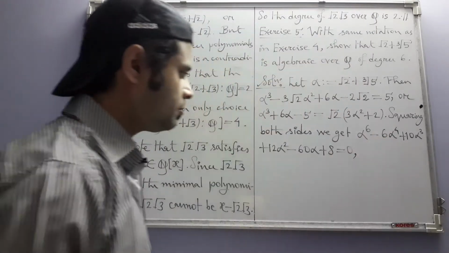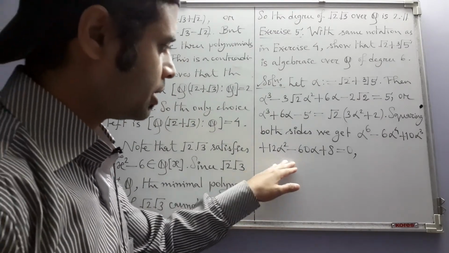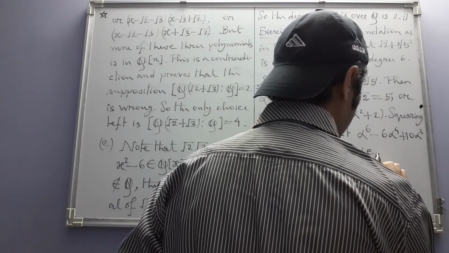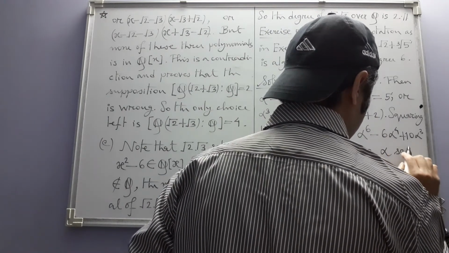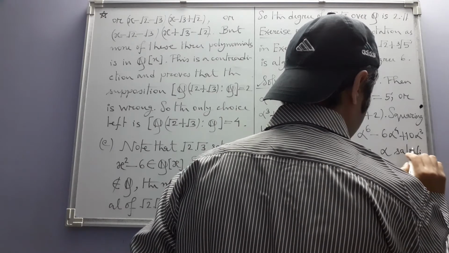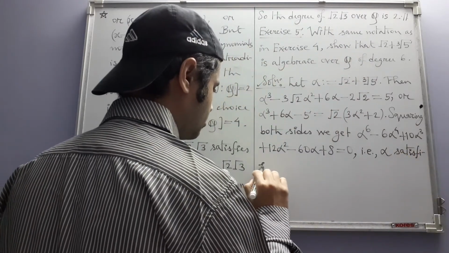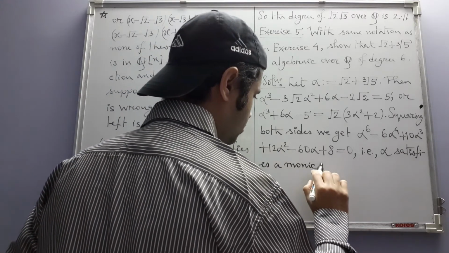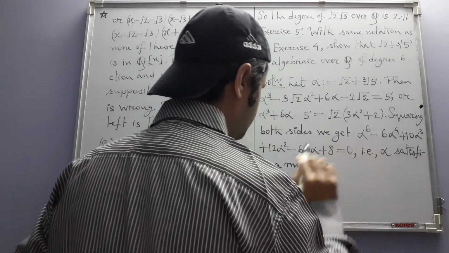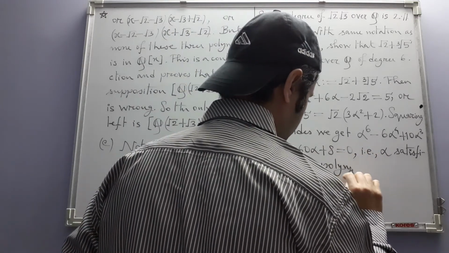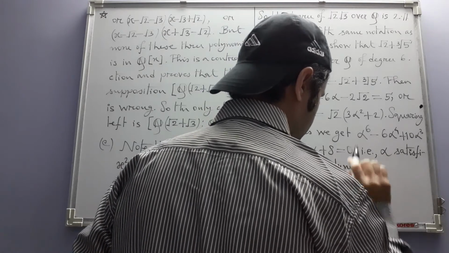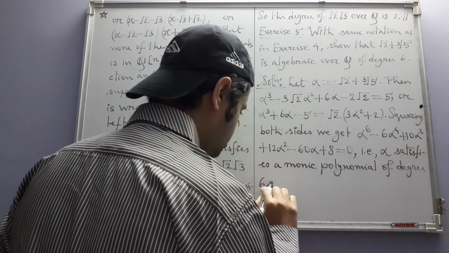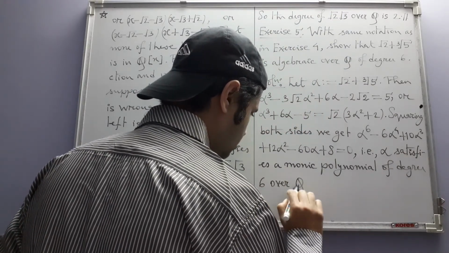Okay, so you square both sides and you get an expression like this. That is, alpha satisfies a monic polynomial. Note that the polynomial is monic, of degree 6 over Q.